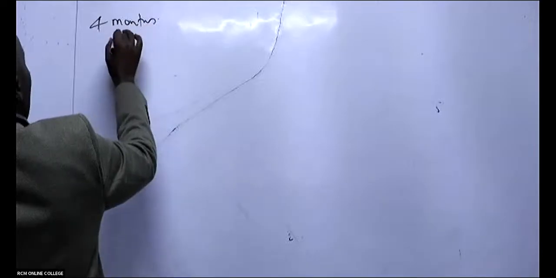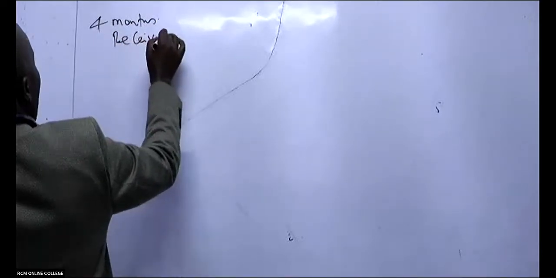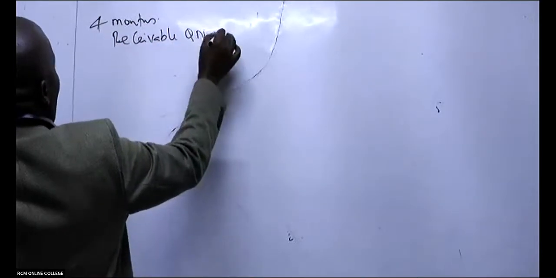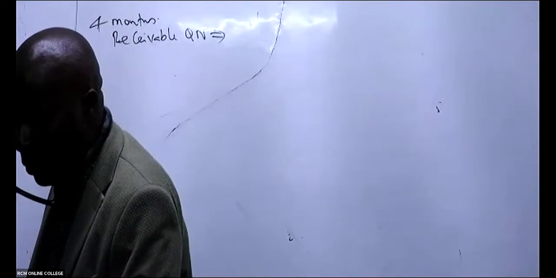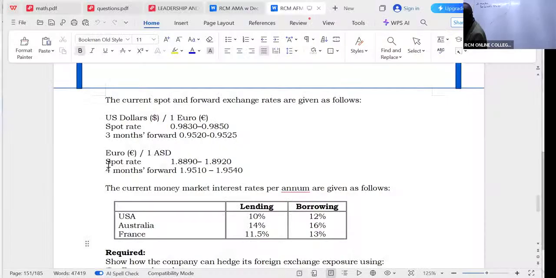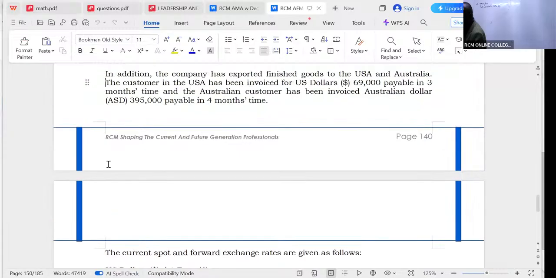I love 4 months because it is a receivable question. Is there somebody who is able to remember the receivable amount? It was in Australian dollar. Receivable. It's easier to always deal with a receivable.